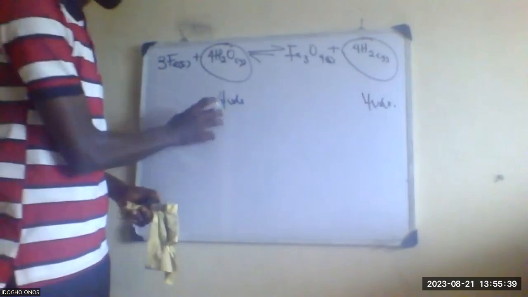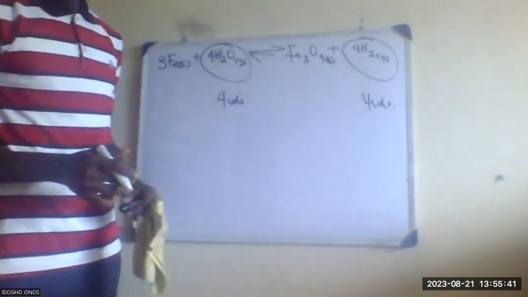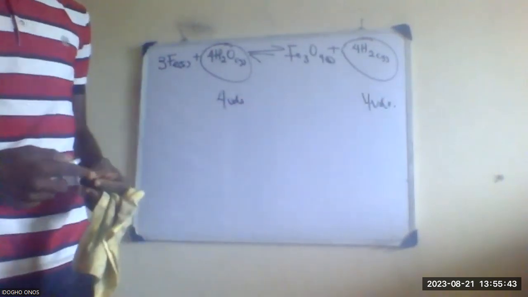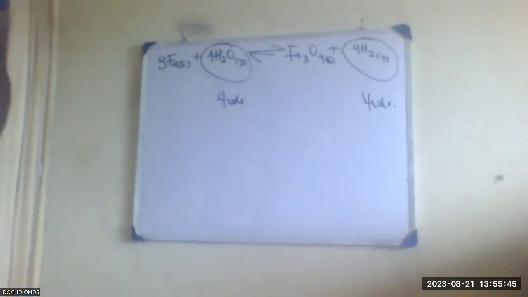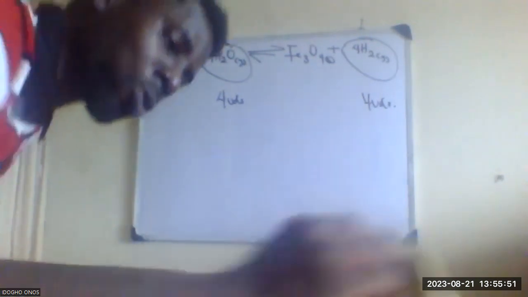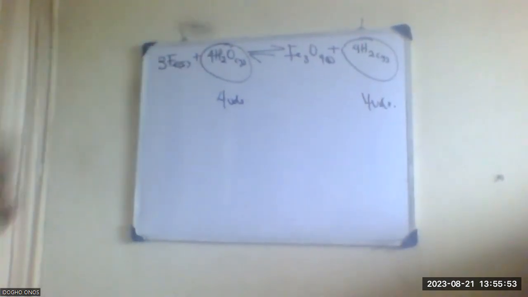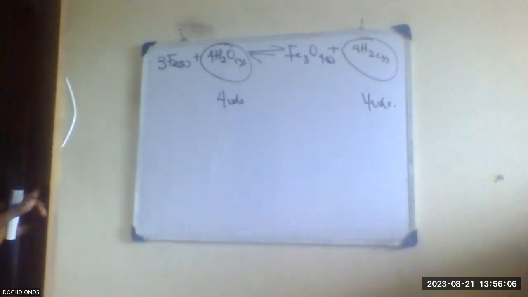So since the number of volumes are equal, there will be no change in equilibrium position. Once you have equal volumes, there is no change in equilibrium position. Either you increase it or you decrease it, equilibrium position remains the way it is, since they have equal volume.